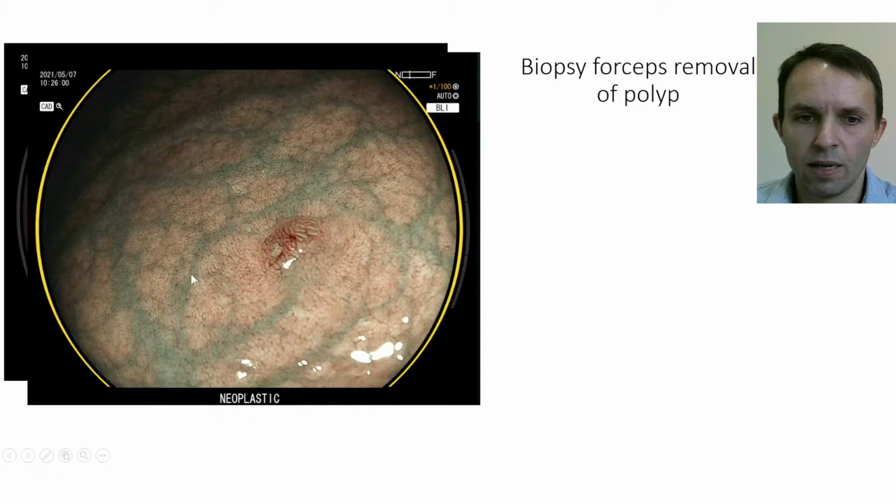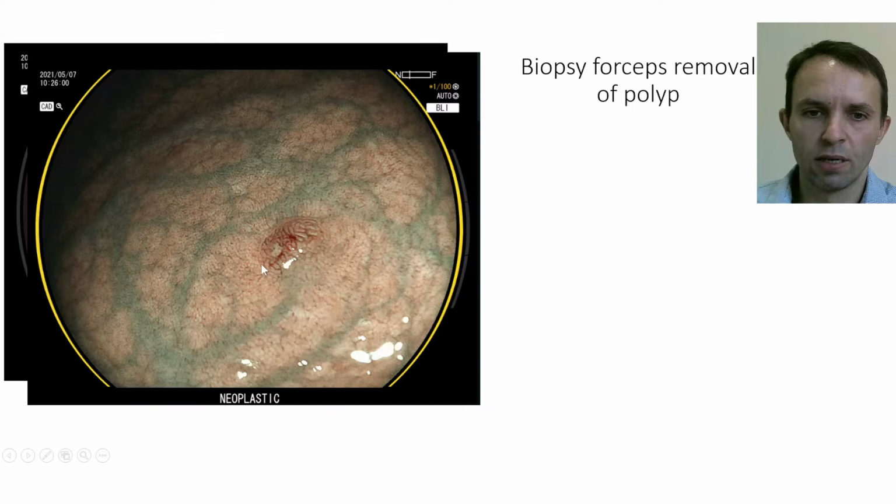The BLI virtual endoscopy system shows us dark vessels, a regular vascular pattern, and the artificial intelligence system suggests the lesion to be neoplastic, and I think it looks like an adenoma.